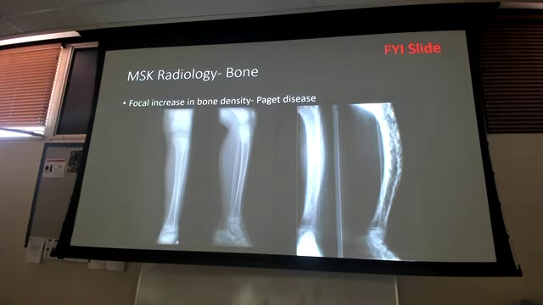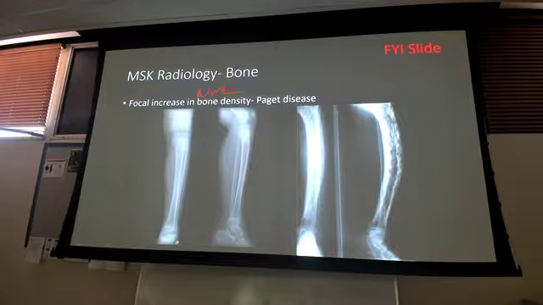Okay? You will see Paget's again in pediatrics. That's why I'm showing you the pictures. So when you see that, you will see Paget's. What makes it a focalized increase in bone density? It's the focal thickening of the cortex on the back end. So here, and then also here, you can see how thick the cortex is compared to my normal on this side, right?